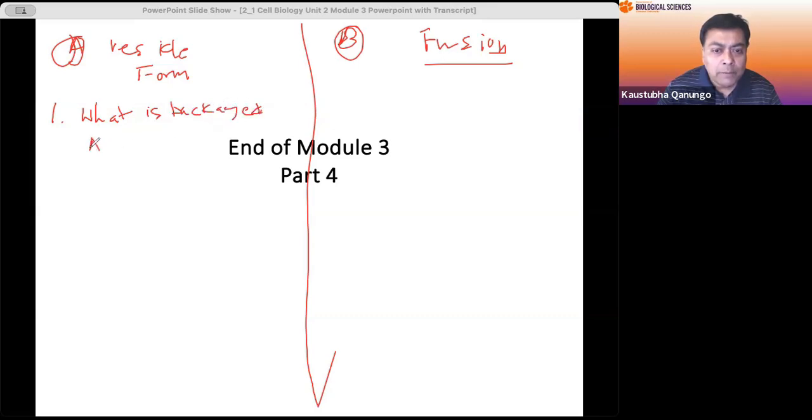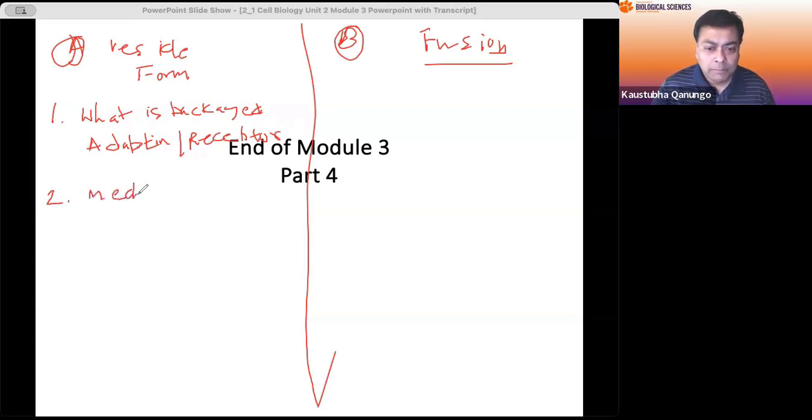A couple of examples of that: we got this one for the adaptin. Remember that? Adaptin receptor complex. These provide the specificity: adaptin, receptors, plasma membrane, and those are packaged. Number two, what are the mechanical forces of the formation?